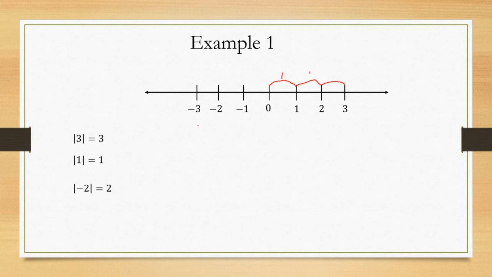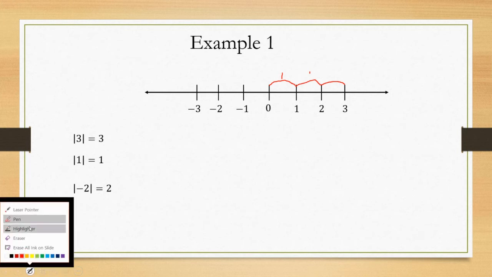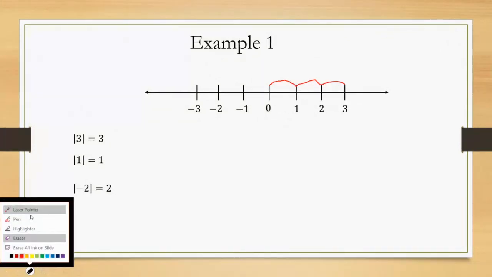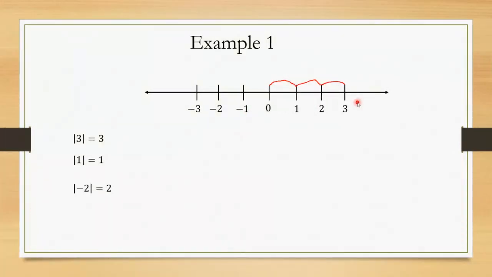So 3 is 3 units away from 0. That's what I meant to say. So the absolute value of 3 is 3, as you can see. The absolute value of 1 is just 1, because 1 is 1 unit away from 0.